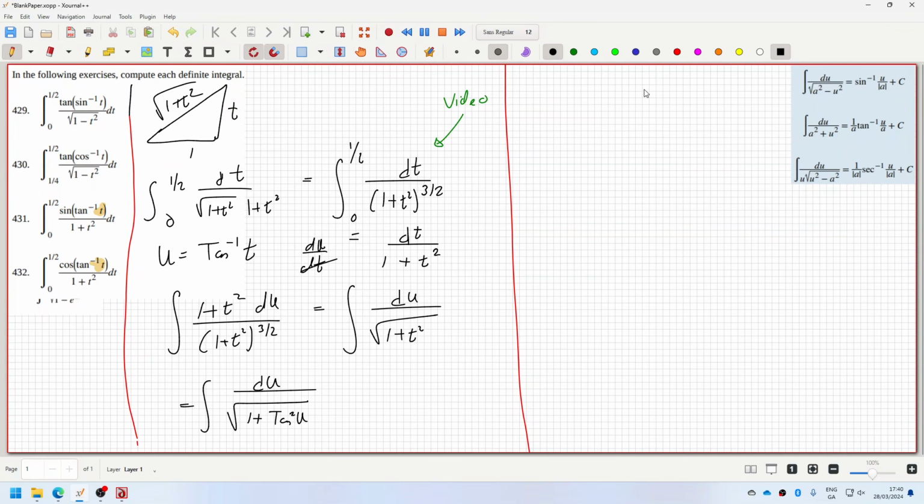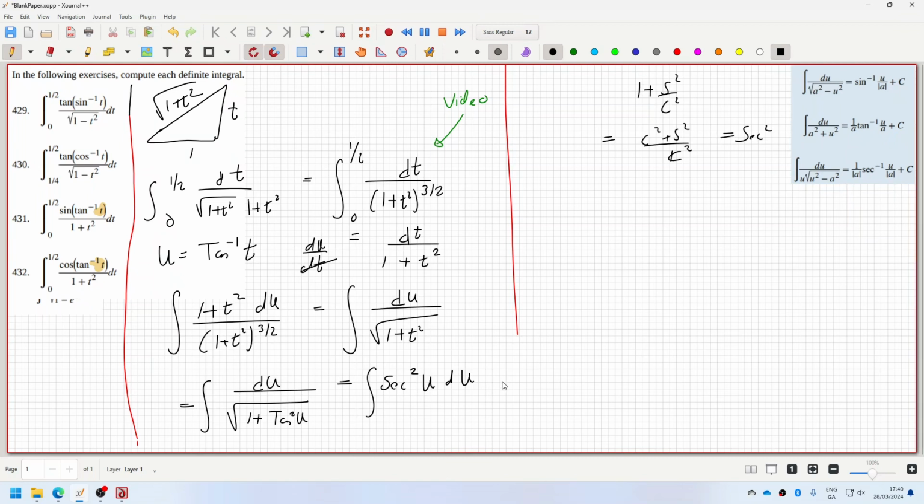I think it's like sec squared, is it? 1 plus tan squared, that's sine squared over cos squared. That's cos squared plus sine squared over cos squared, so that's 1 over cos squared, which is sec squared. So that's the integration of sec squared u du.